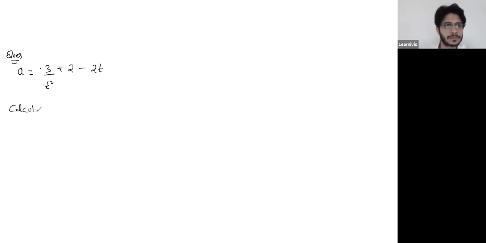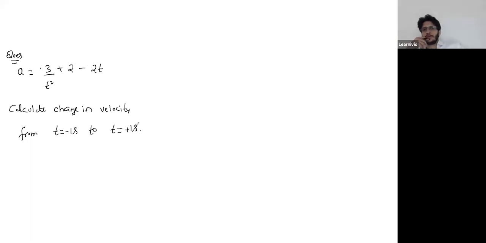Calculate change in velocity from t equal to minus 1 second to t equal to plus 1 second. So you have to calculate the change in velocity from t equal to minus 1 second to t equal to plus 1. Solve this integral, get the final result.